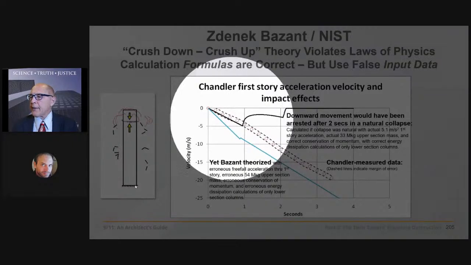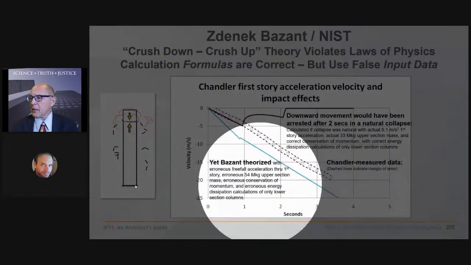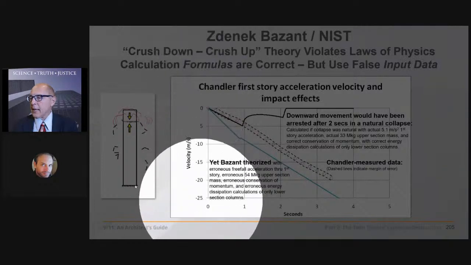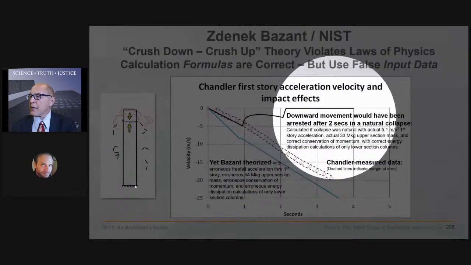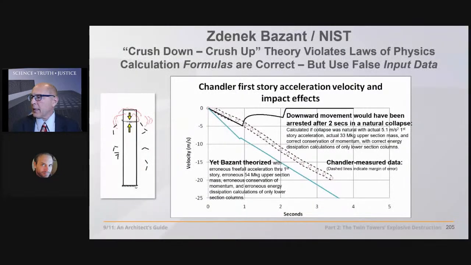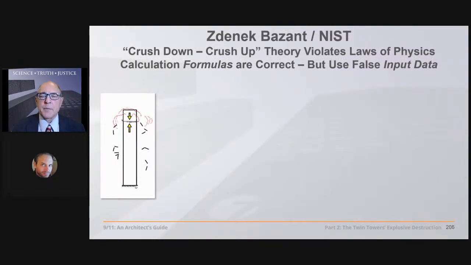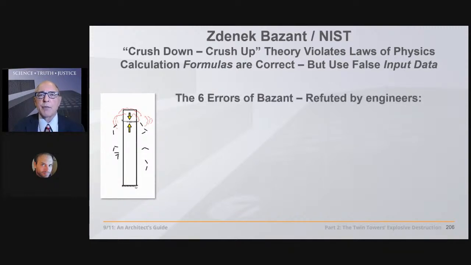But in reality, after 2 seconds across the bottom and the velocity down the top, after 2 seconds, the downward momentum would have been arrested, as calculated by several. If it could have begun at all, which it couldn't have without that vanishing those 12 feet tall columns, 320 of them completely eliminated from the equation.